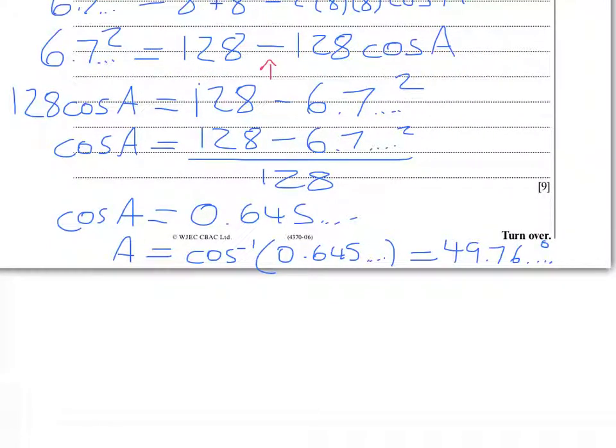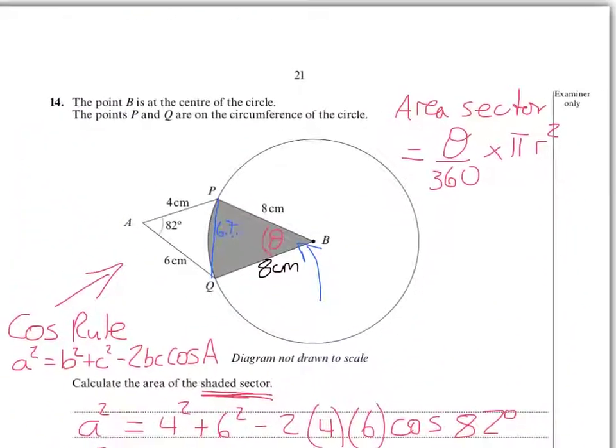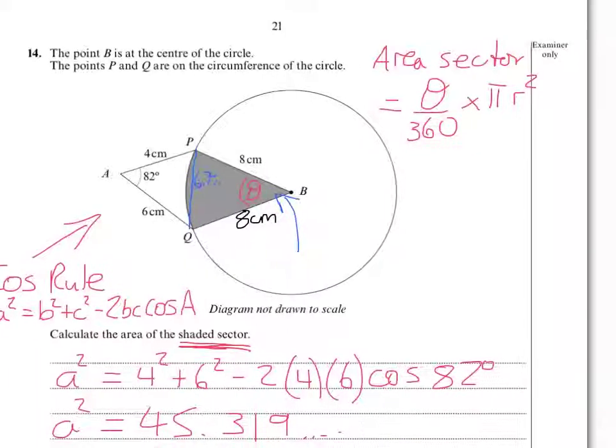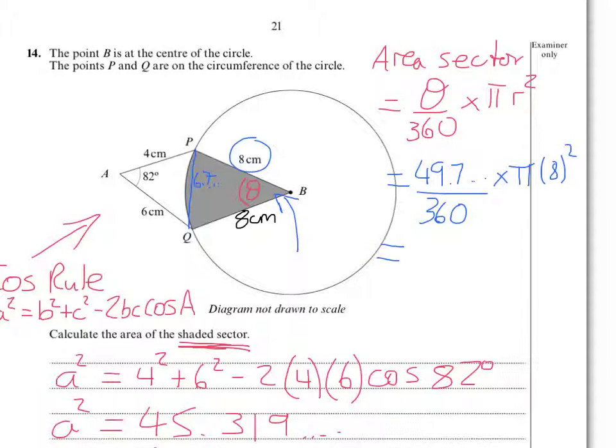So to finish, I just need to put that angle into my formula for the area of a sector. So in the space that I've got here, we're going to use this formula for the area of our sector. We know that our angle was 49.7 etc. over 360 times pi, and we know that our radius is 8 centimeters, so pi times 8 squared.